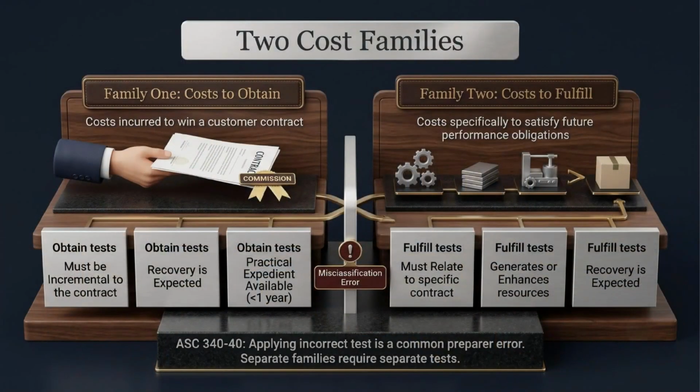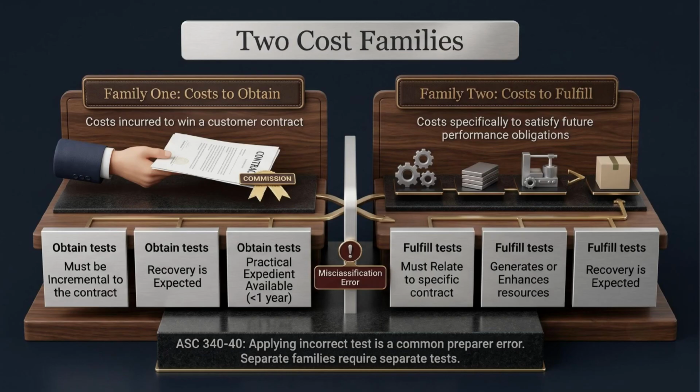ASC 340-40 separates contract costs into two families. The first family is costs to obtain a contract. These are costs incurred to win the customer contract, such as a qualifying sales commission paid only when the contract is signed. They must be incremental, recovery must be expected, and a practical expedient may be available if the amortization period is 1 year or less.